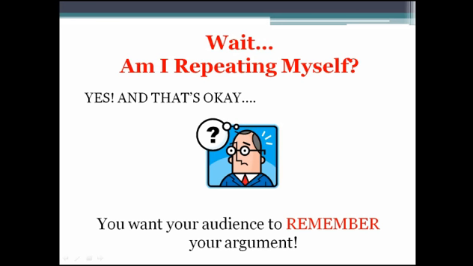And so that's why we ask you to state your thesis, but then also preview your main points, and then restate the thesis at the end, but also summarize the main points of discussion. All of this repetition builds for a stronger, more memorable argument. So remember to include them in your presentation outline.